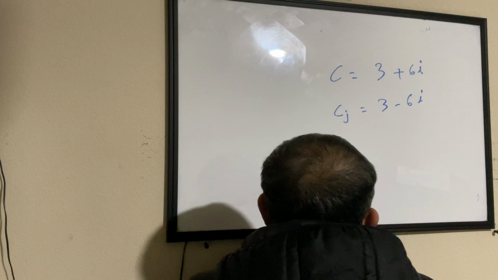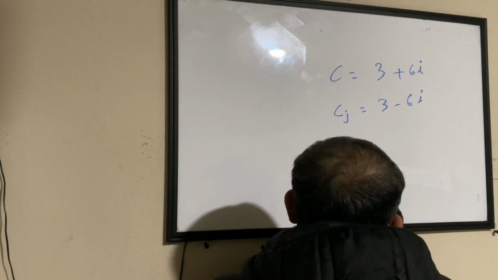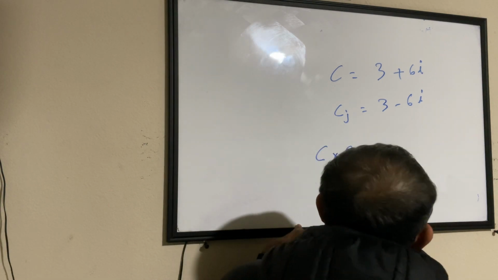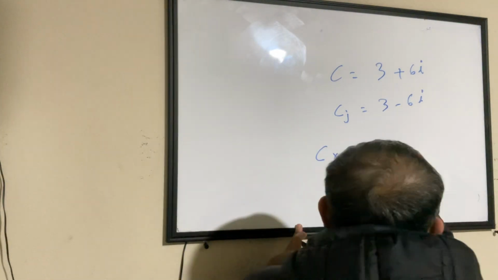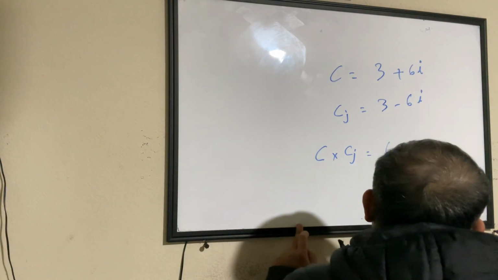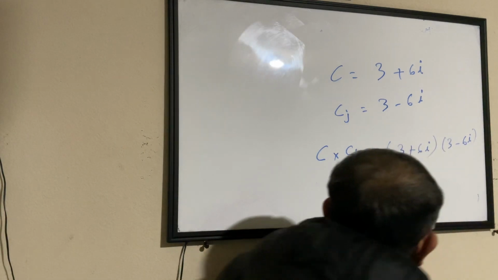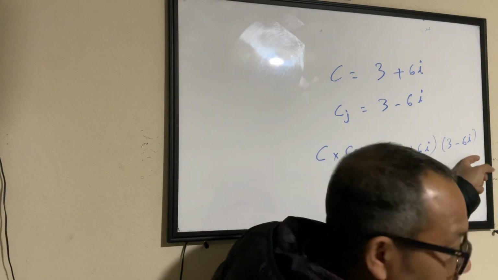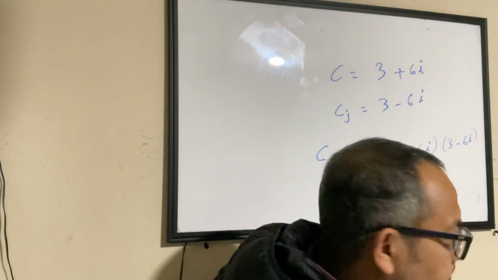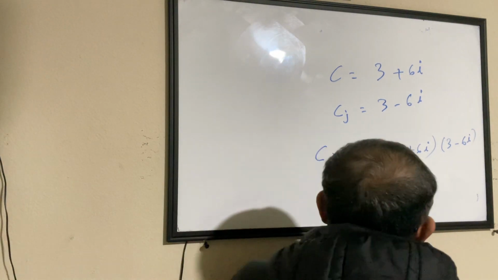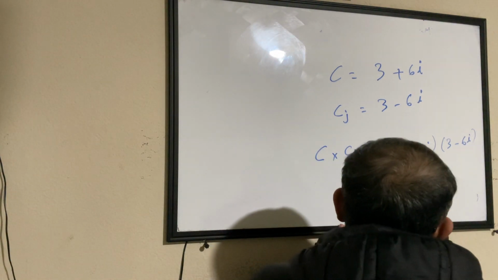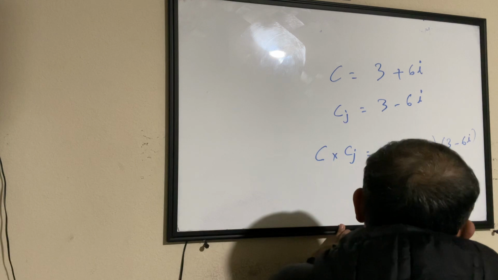And if I multiply the complex number with its conjugate, can you tell me what will happen? I'm talking about essentially multiplying 3 plus 6i with 3 minus 6i. And if you look at it carefully, it's a plus b into a minus b. So this becomes a square minus b square, which is 3 square minus 6i square.